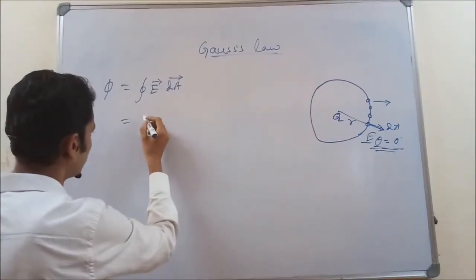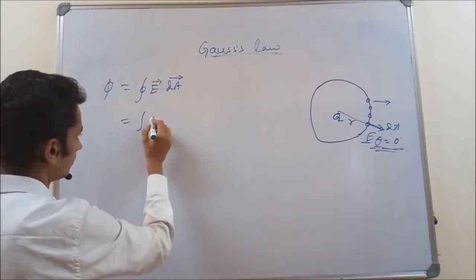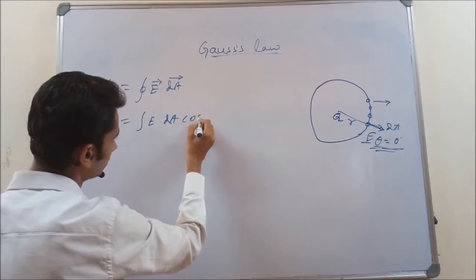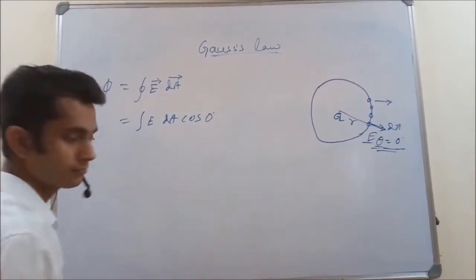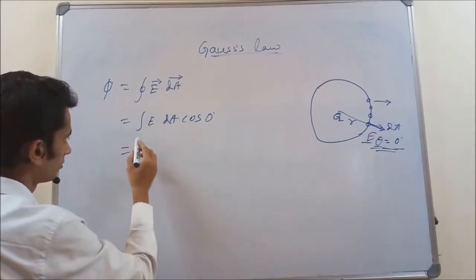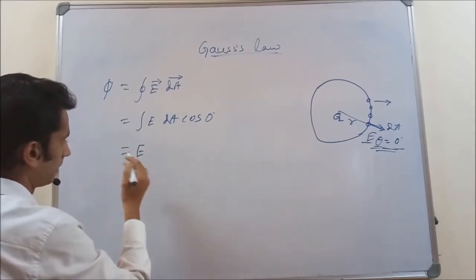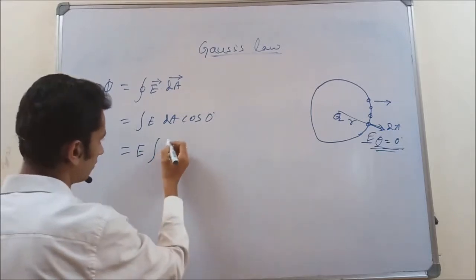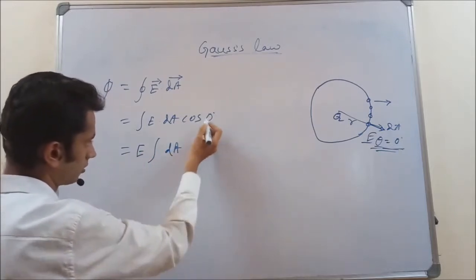So you can write integral of E dA cos 0. E is constant, so I can take it out of the integration. So E integral dA, because cos 0 is 1.